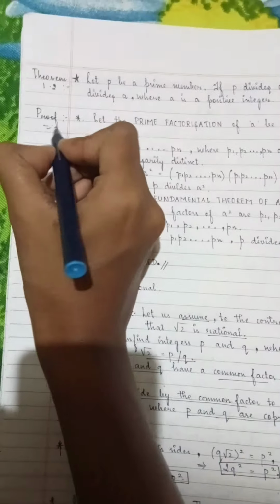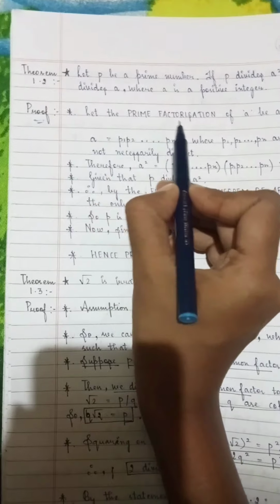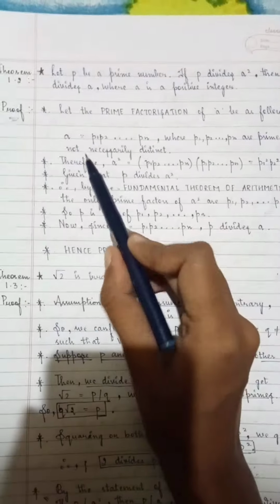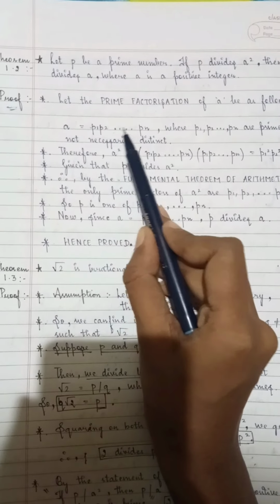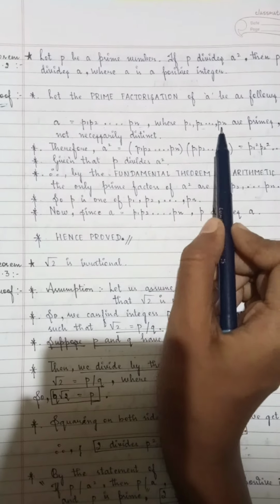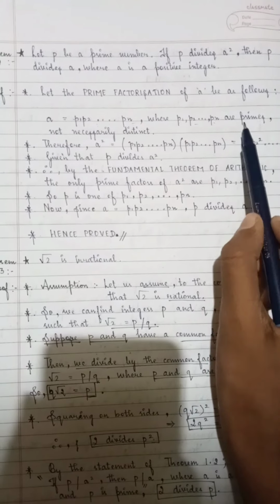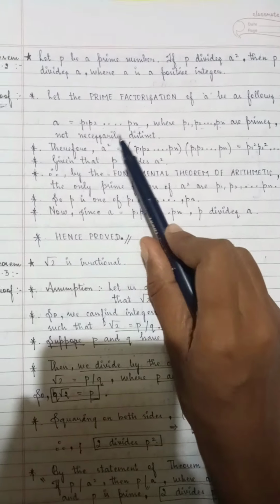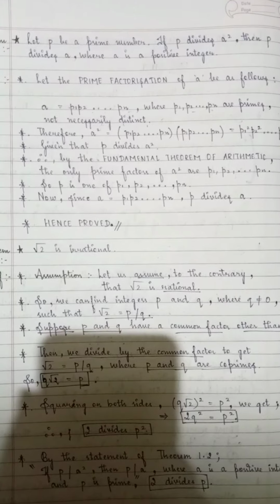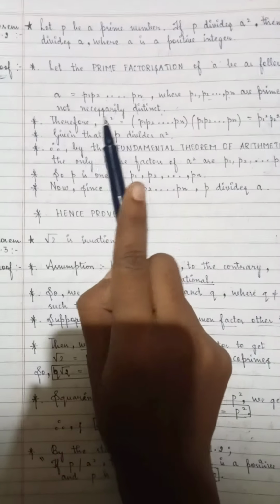The proof is given by: let the prime factorization of A be as follows. A is equal to P1, P2 up to Pn, where P1, P2 up to Pn are prime numbers and not necessarily distinct. That is, it is not necessary that P1, P2, Pn are different prime numbers.